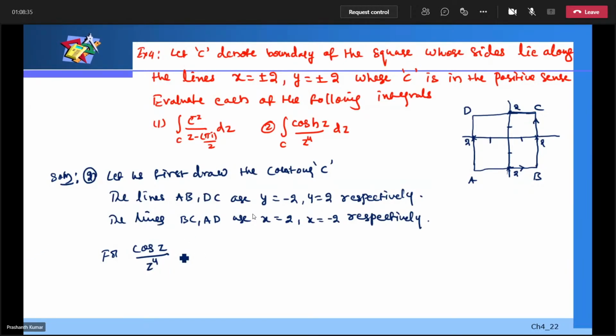Can I write like this, cos hz by z minus 0 whole to the power of 4. This has z naught is equal to 0 as a singular point.